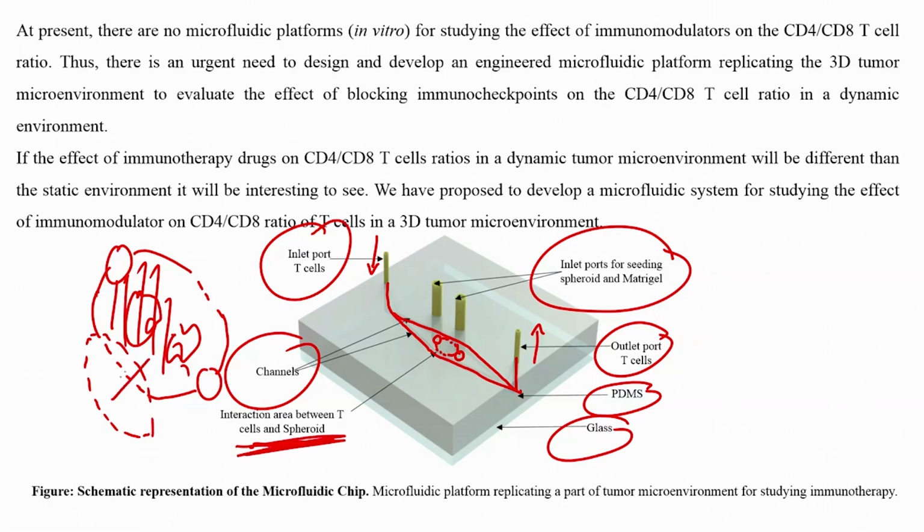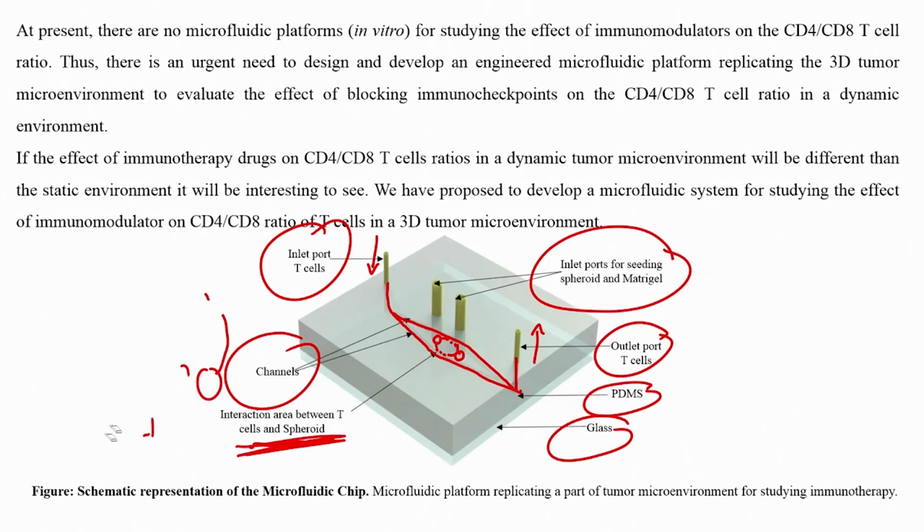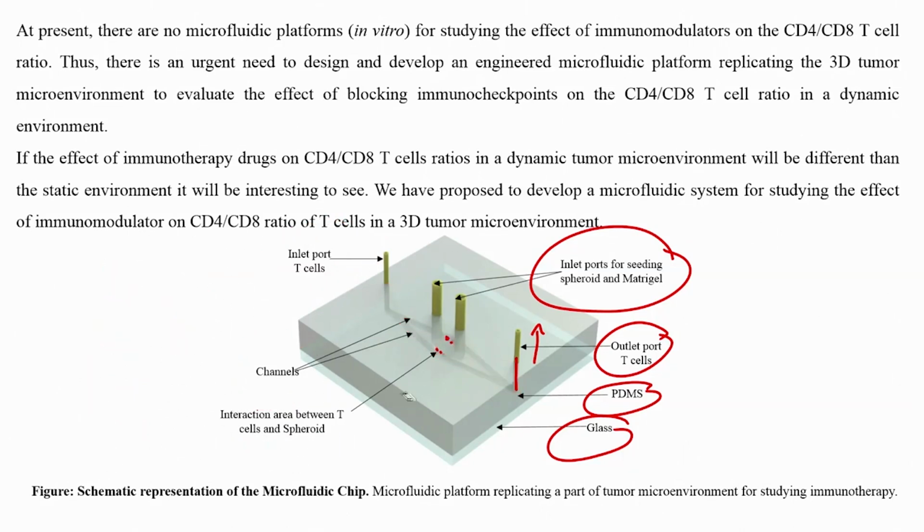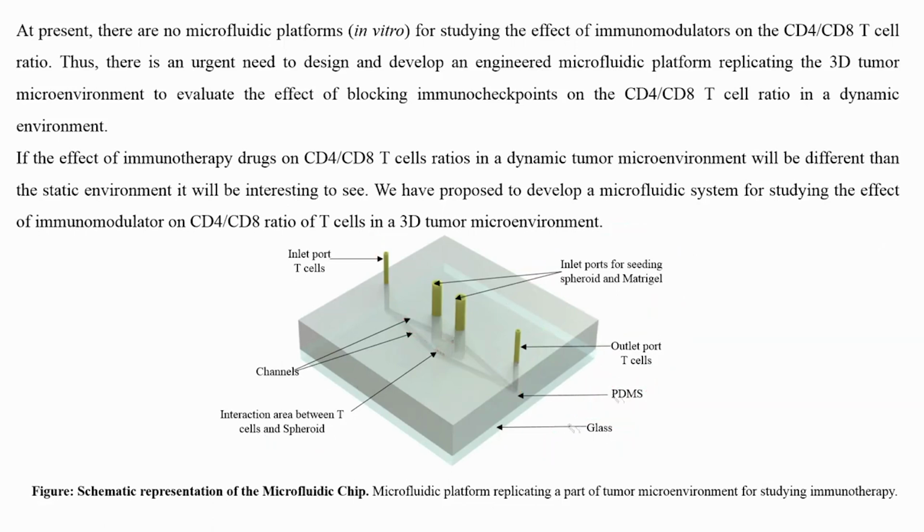There will be release of chemokines, right, and change in CD4 CD8 concentration would occur, right. So, this kind of chip can potentially be used to study the effect of immunomodulators on T cells, right.